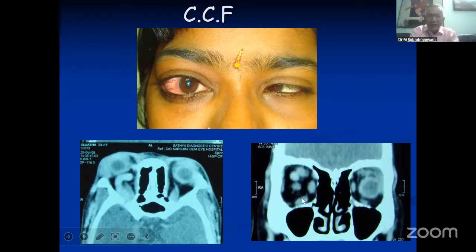This is typical of carotid cavernous fistula. So our role is up to making the diagnosis, and then we refer the patient to an interventional radiologist who will make the further investigations and probably close it either with embolization or with.